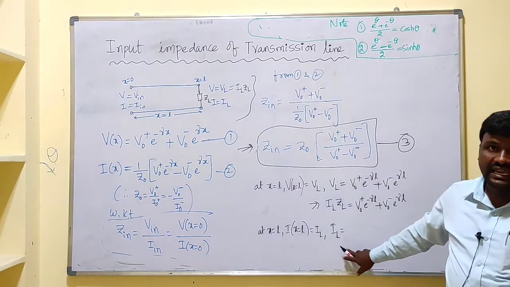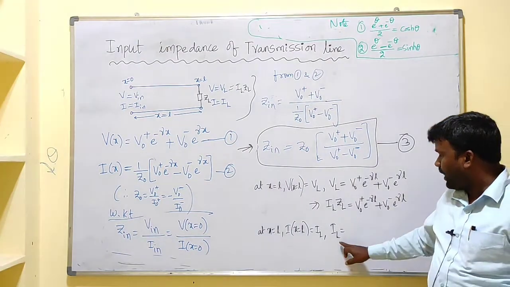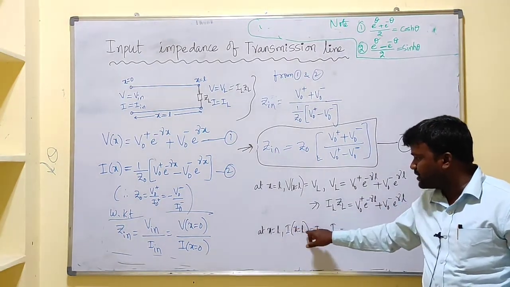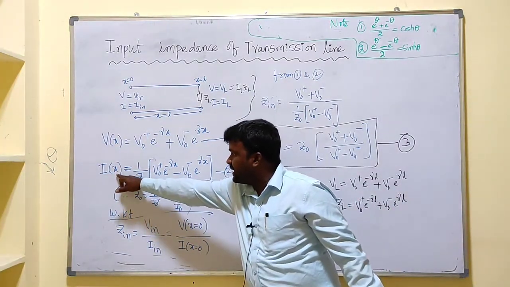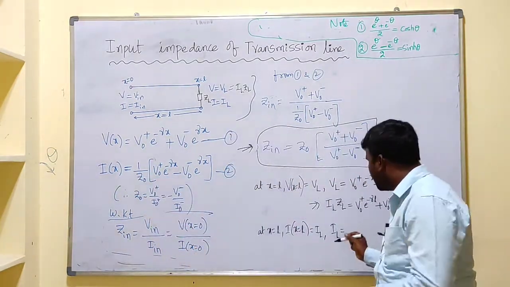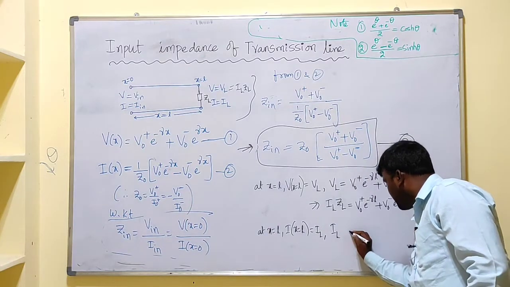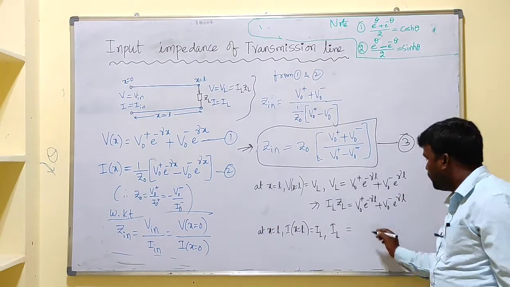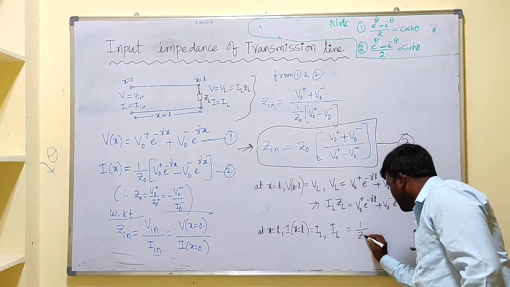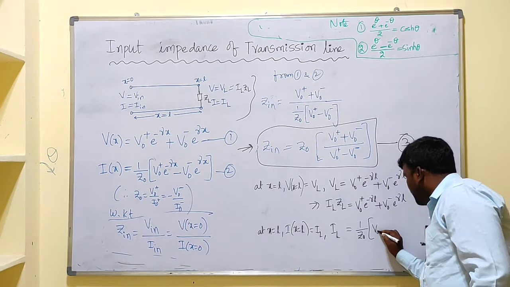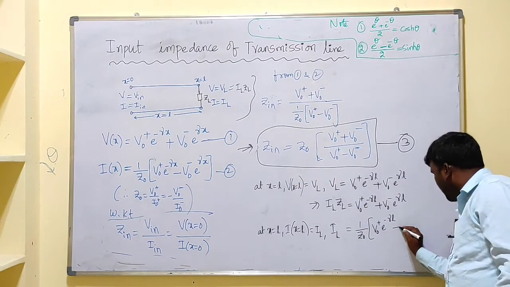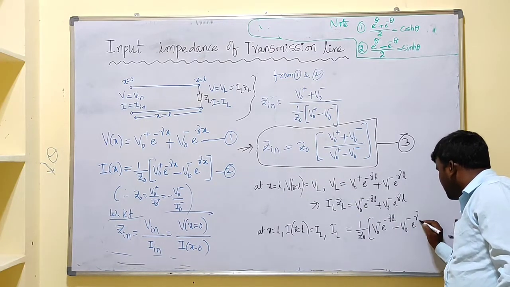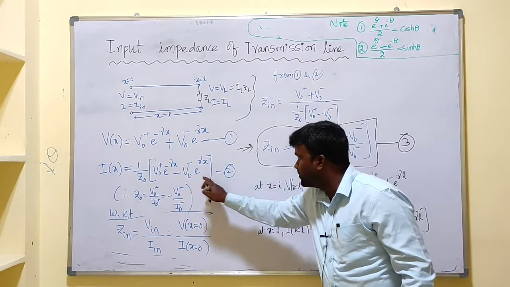In order to get the IL expression, IL means I at x equal to L, current at x equal to L. We need to substitute x equal to L in this one, then you will get IL. From this we can write IL equal to 1 by Z naught into V naught plus e to the power minus gamma L minus V naught minus e to the power gamma L, with x equal to L in this one. So that is equation 2.